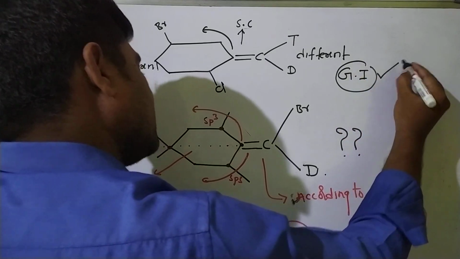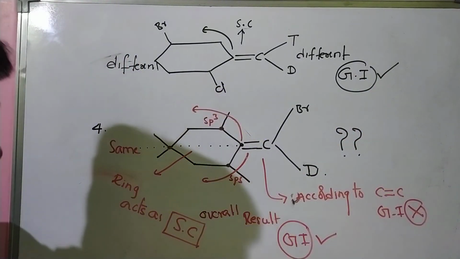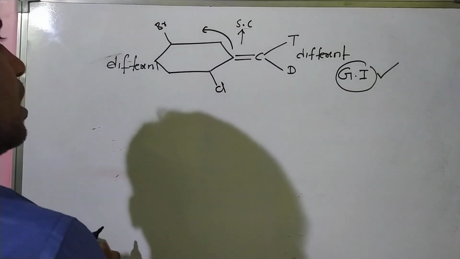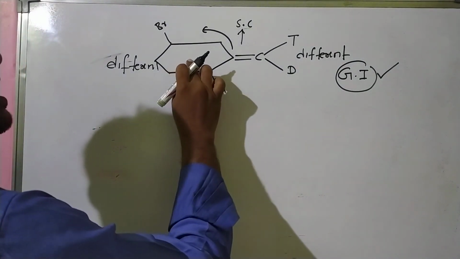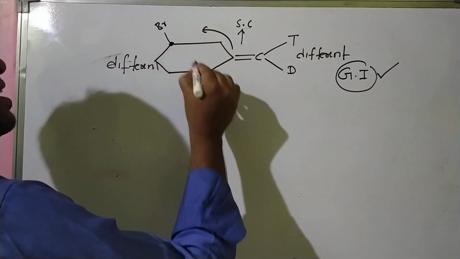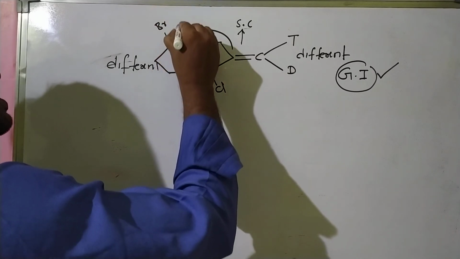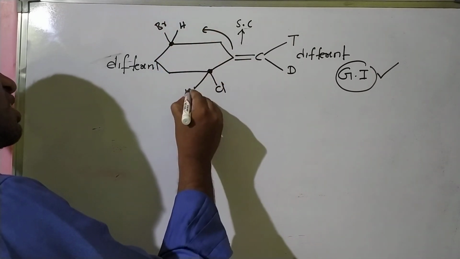And also with respect to cyclohexane, this is sp3, this is sp3. Here a hydrogen atom is there, here also a hydrogen atom is there.